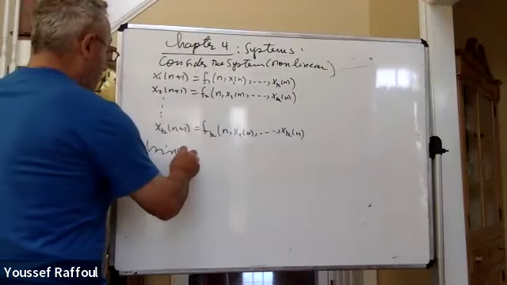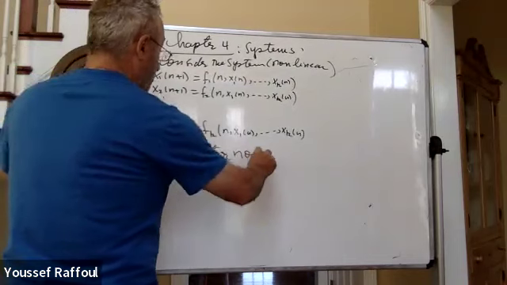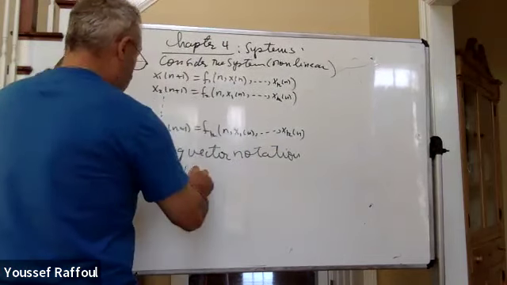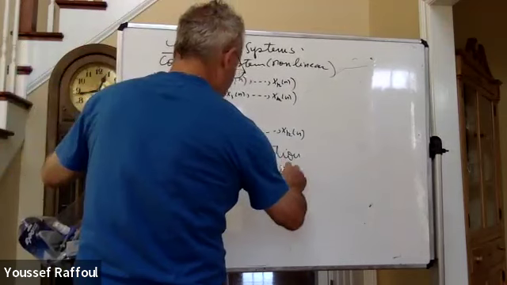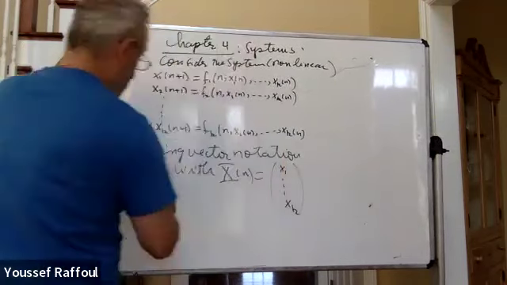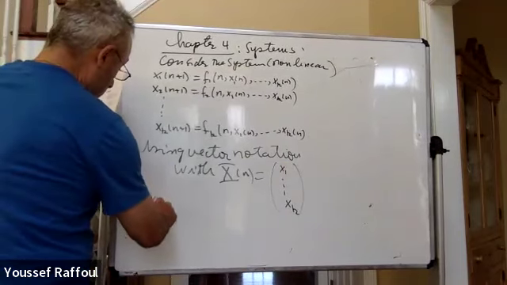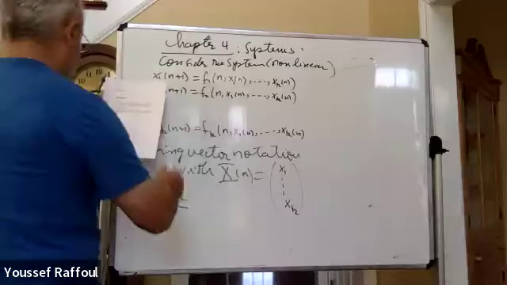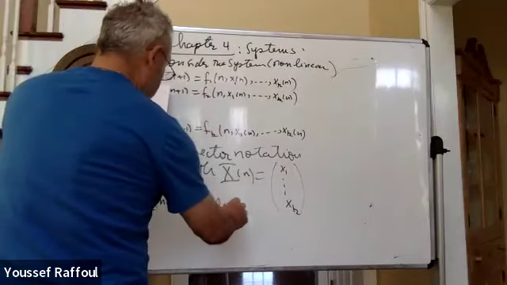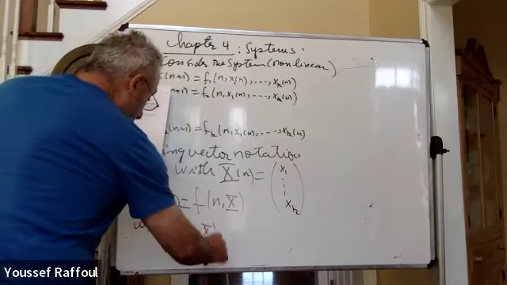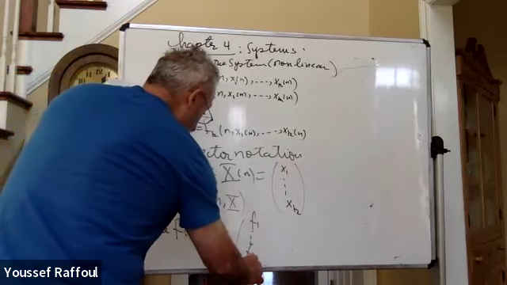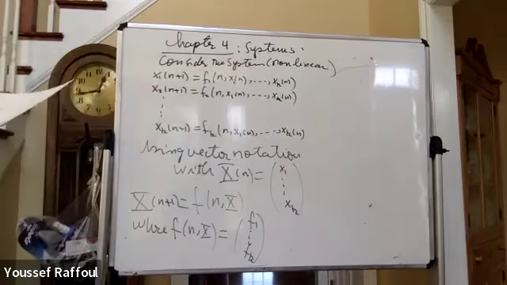Using vector notation, with x of n equal to x1 through xk, we have x of n plus 1 equal to f_n of x, where f_n of x equals f1 through fk. So we can write the system like that.